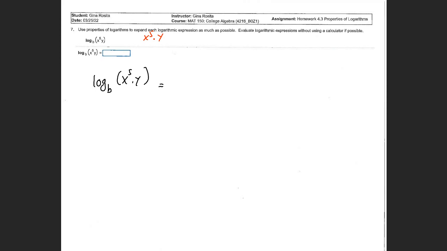So equals logarithm of x to the fifth with base b plus logarithm of y with base b. Now again, remember the power rule for x to the fifth. So we can write 5 times logarithm of x with base b plus logarithm of y with base b. So this is the answer.